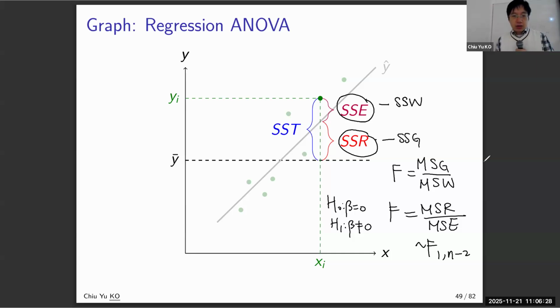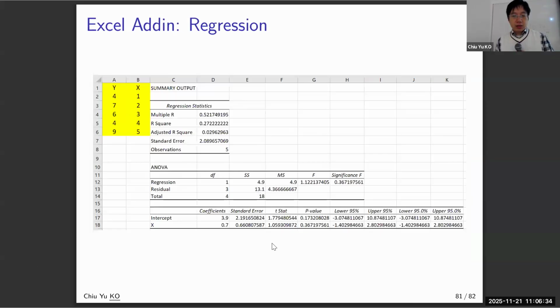Okay, so let me go to the Excel, which is the most important part, right? So as you can see, as we have said, this is our SSR, and this is our SSE, and this is our SST.